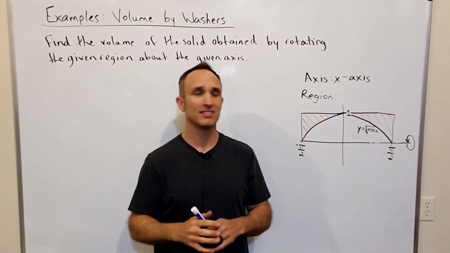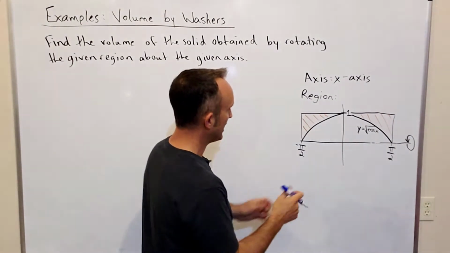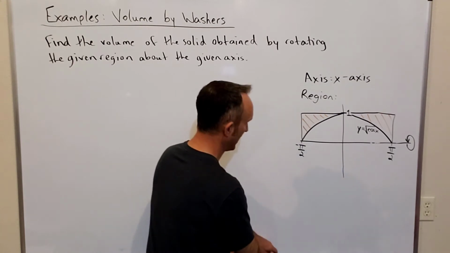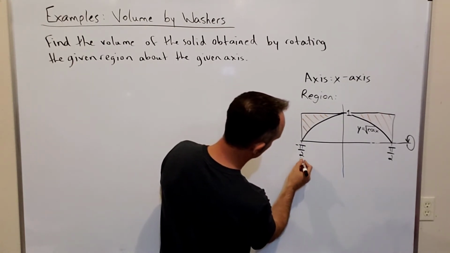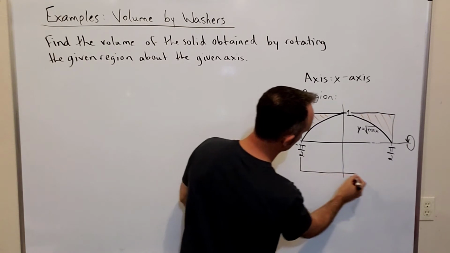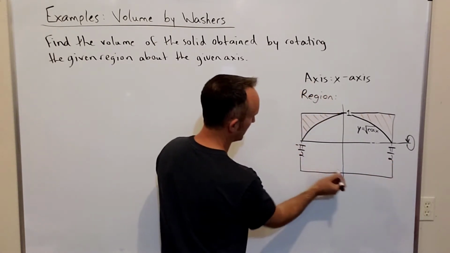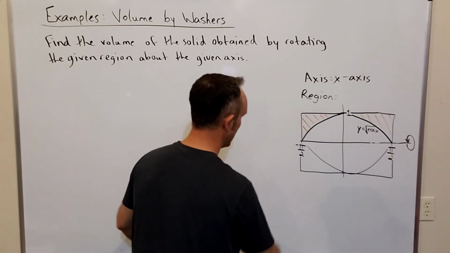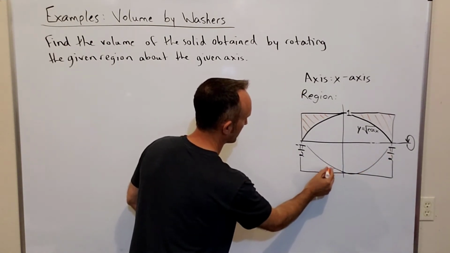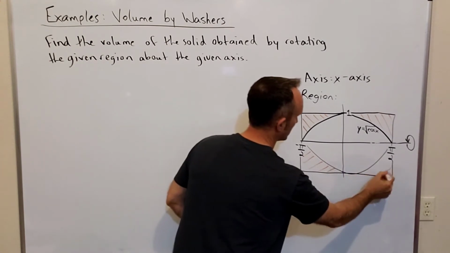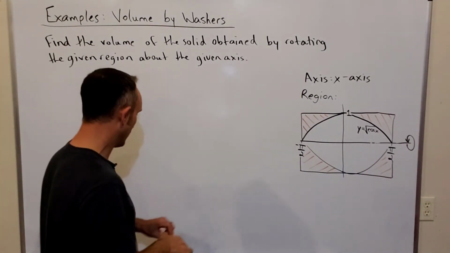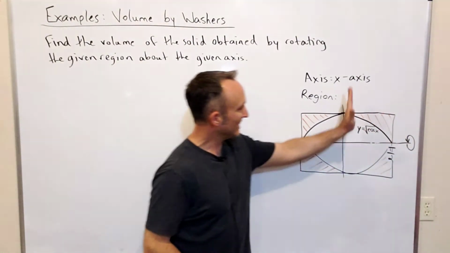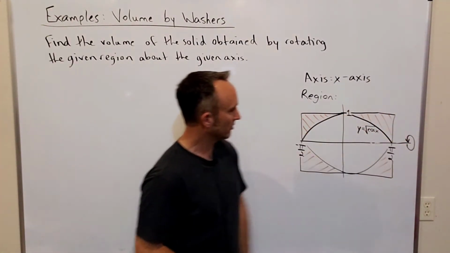So to get started, to see our washers, we're going to draw a rough mirror image of this below. Let's use the black again. So if I do that, it's going to look something like this. And then the curved part looks something like this. And so we get the mirror image across the x-axis. Okay? So now we can construct our washers, which will be slicing vertically since we have a horizontal axis of rotation.